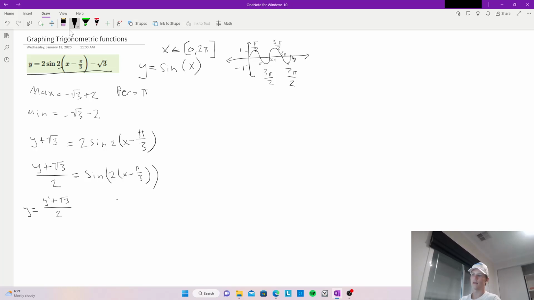And then you get x is equal to 2x prime minus... And then from here, you want to get the y prime and the x prime by themselves to find the translations that have been applied to the graph. So you get 2y. This is a long simplification here. And you get x over 2.